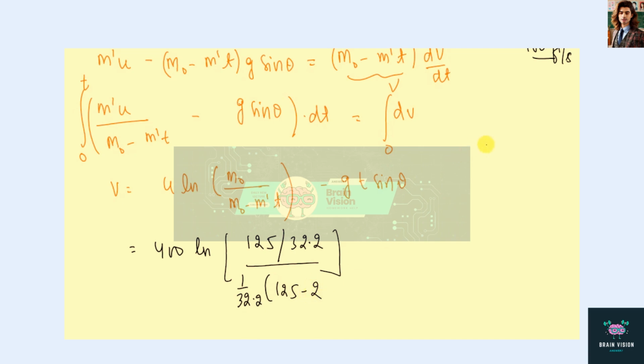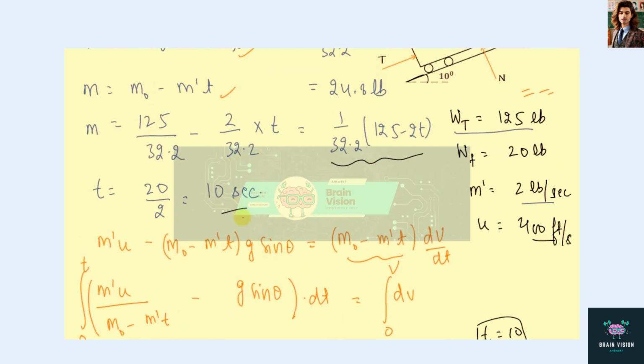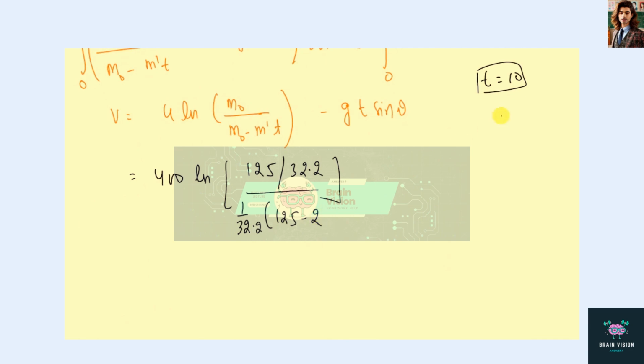Now t is 10, which we calculated earlier, so 2 times 10 becomes 20. Then minus g, which is 32.2, times t, which is 10, and sine theta, where theta is 10 degrees. Solving it using our calculator, we get our answer to be 13.83 feet per second. So this is the maximum velocity reached by the rocket.